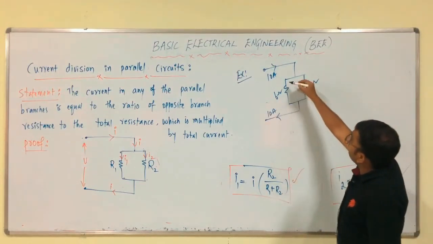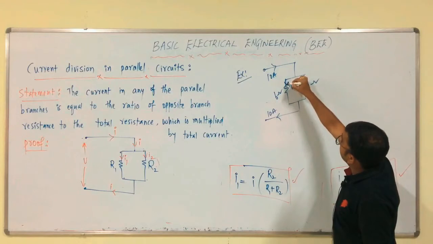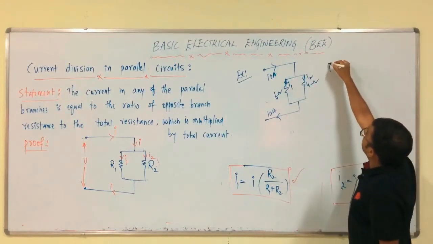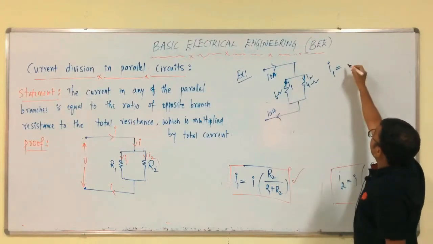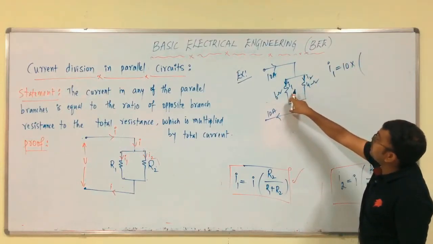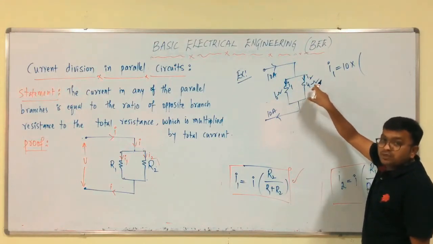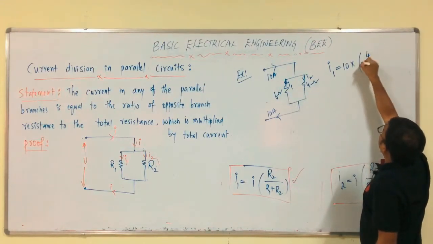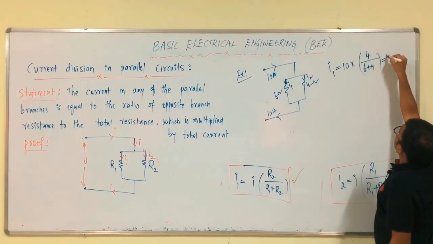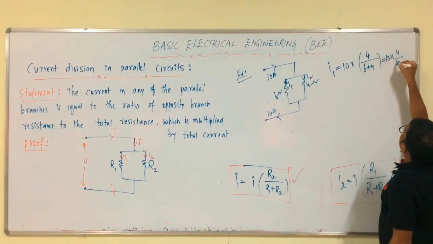The current through this branch, which I do not know, is I1, and the current through this branch is I2. So, for this, I1 is what? Total current into the opposite branch resistance by total resistance 6 plus 4, which is equal to 10 into 4 by 10.